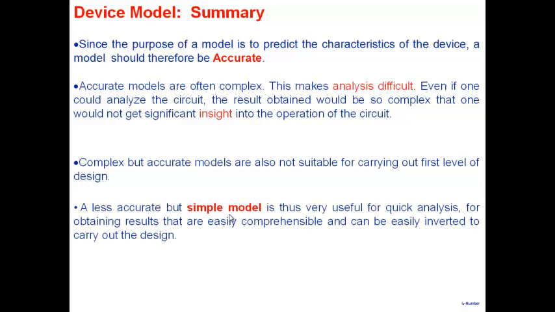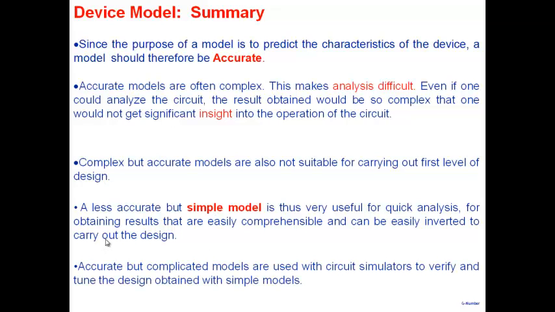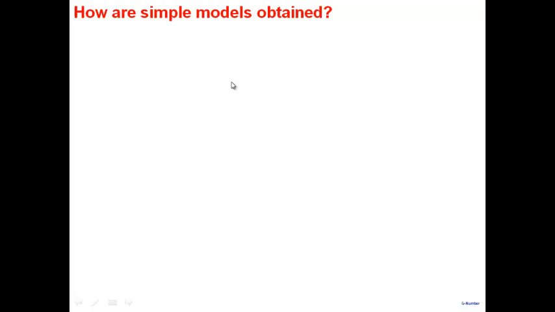Simple models are obviously very easy to use, quick analysis. They help us to understand the circuit, and we can easily design with them. And the way we overcome the deficiencies of a simple model is that after design, we simulate it with a more accurate model and correct our design. Okay, so that's a brief discussion related to simple models versus complex models here.